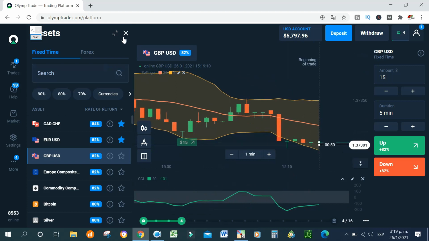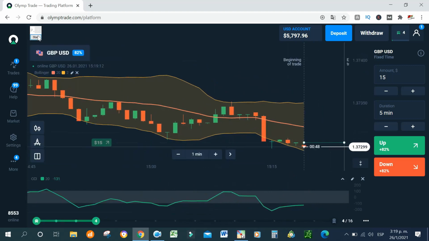So guys, the way I trade this strategy is very simple. Whenever the price touches the lower Bollinger Band, for example, and the CCI, this indicator is an oscillator that tells us if the market is in an oversold zone or overbought zone.